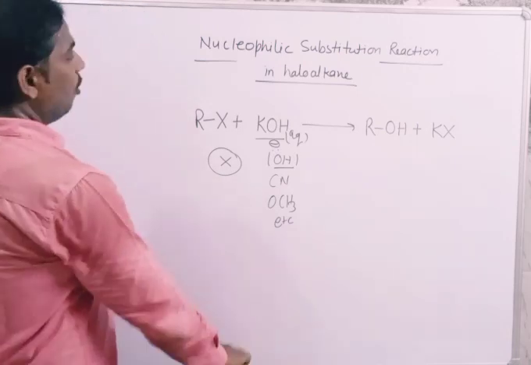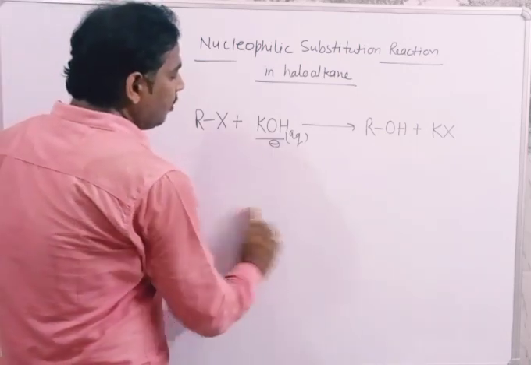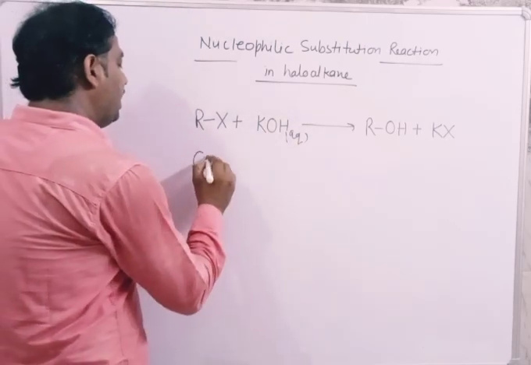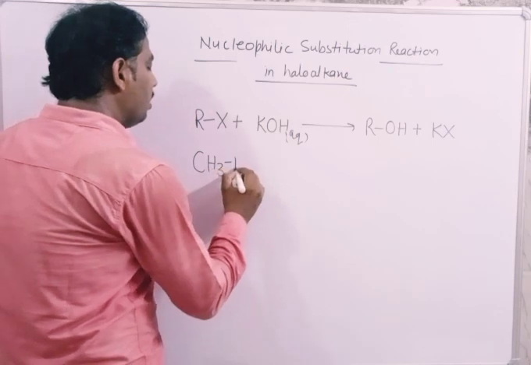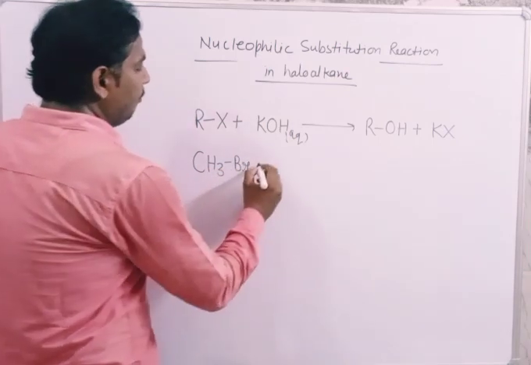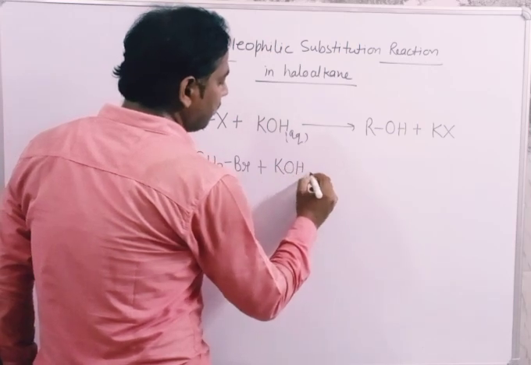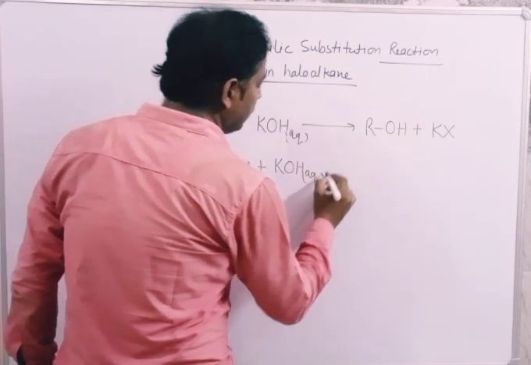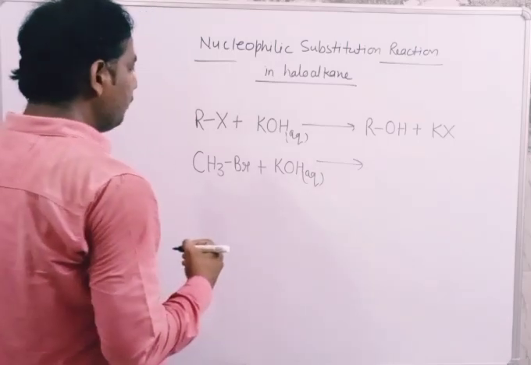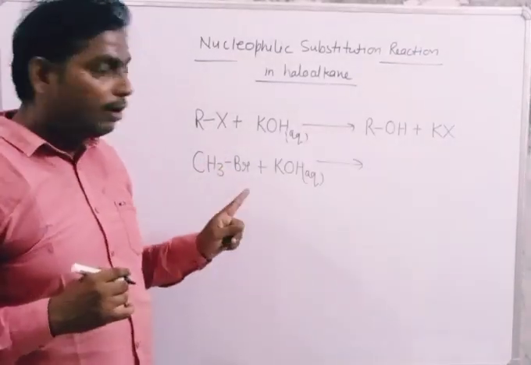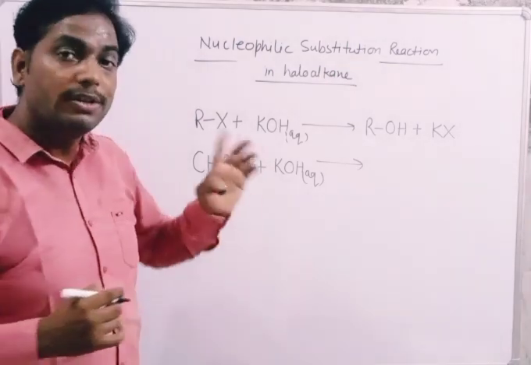If we talk about a specific compound like CH3Br plus KOH, we can take NaOH here also, or silver hydroxide. But when we take silver hydroxide, it performs the reaction in moist condition, not the aqueous condition.